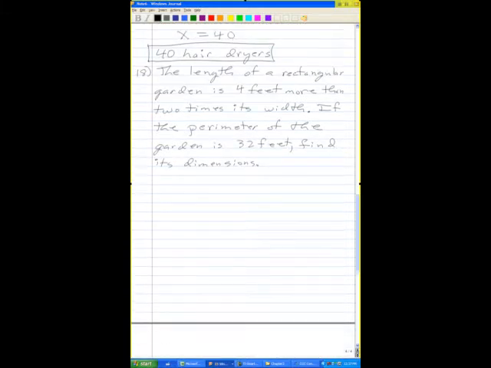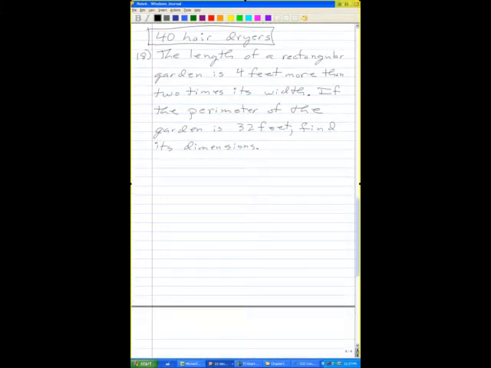Okay, so let me draw a little picture to go with this. In this case, a picture is appropriate. So I have here a rectangular garden. And notice that everything is in terms of its width.